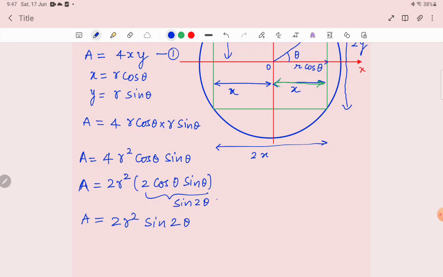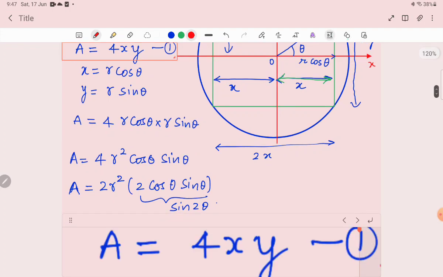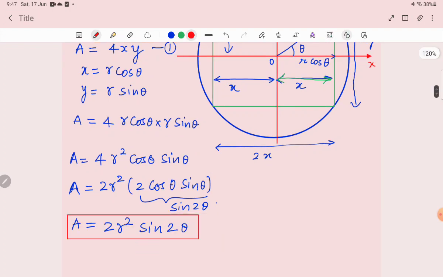So clearly you can see here that the area is only dependent on theta because r is constant, right? r is constant and theta is varying, right?